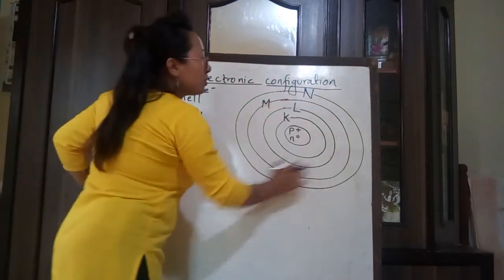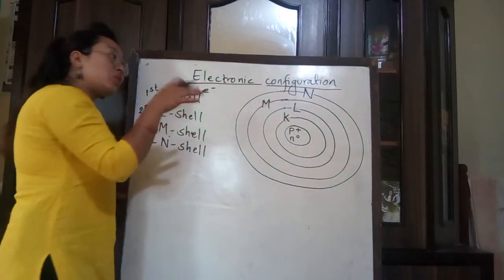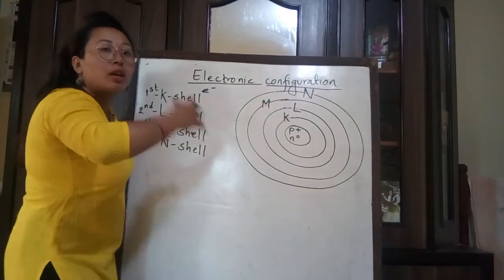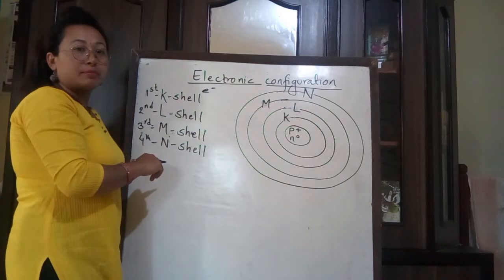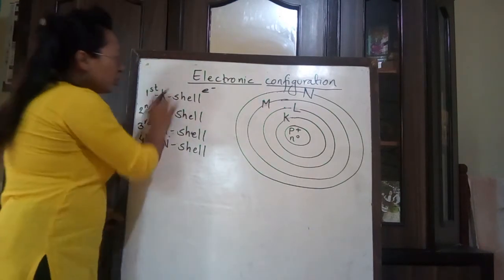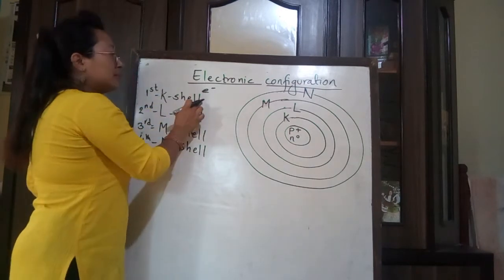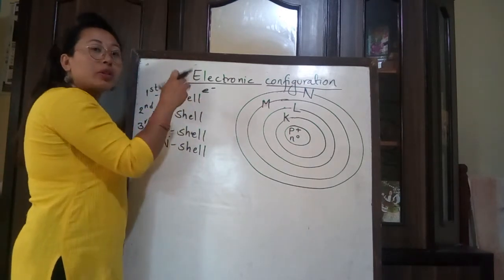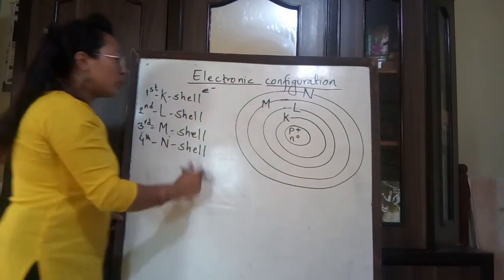Now in these four different shells, the number of electrons may vary. Yeah, it will vary, but how they are distributed from one to another, that we will discuss. Okay, so to find out the number of electrons that each shell can hold, we can find out with the help of a formula.